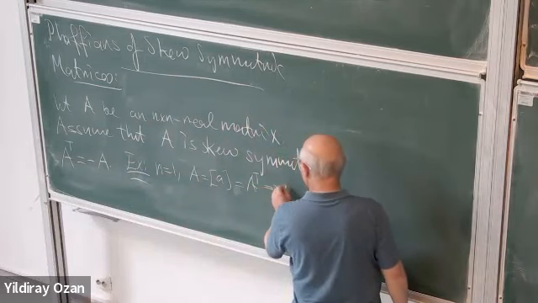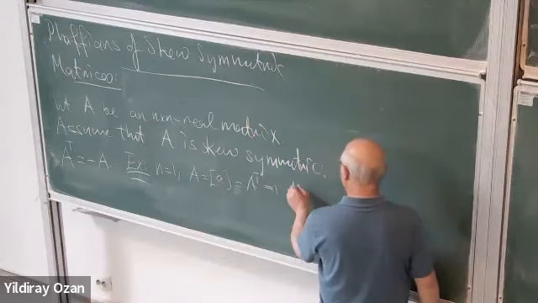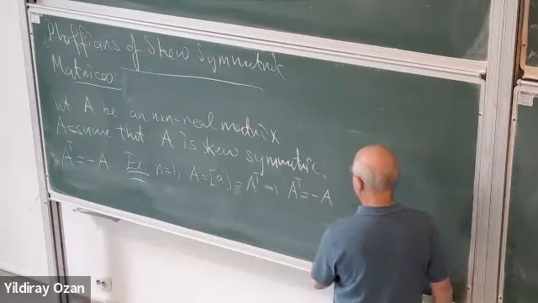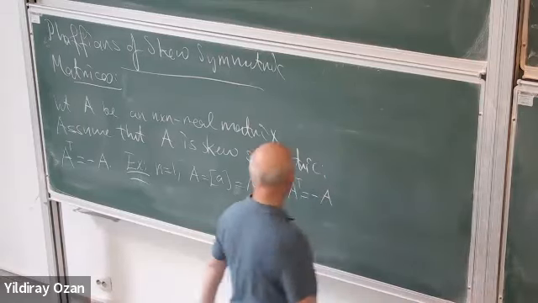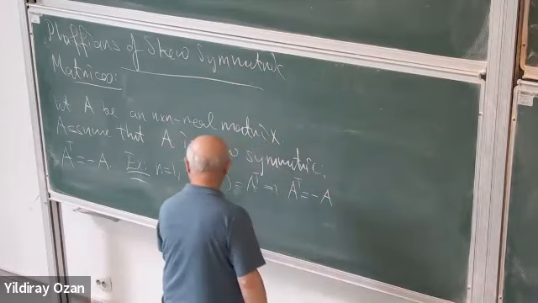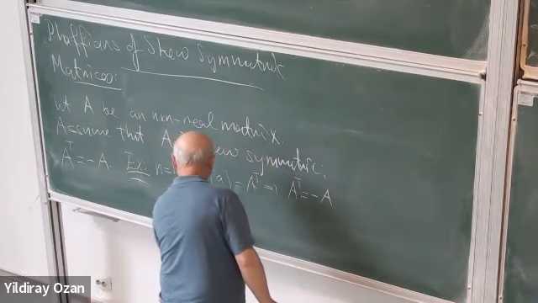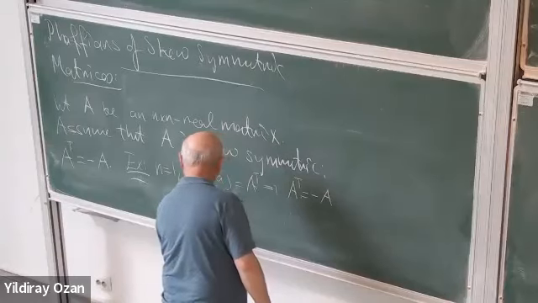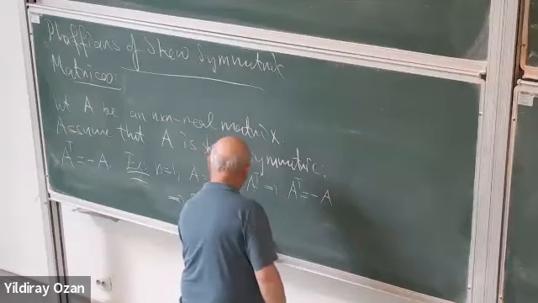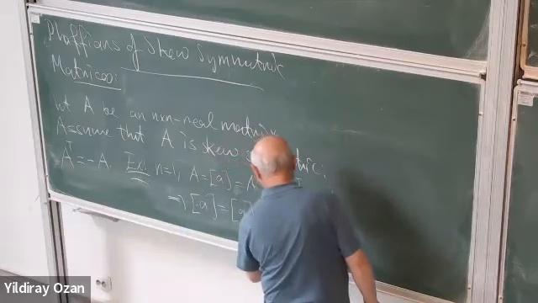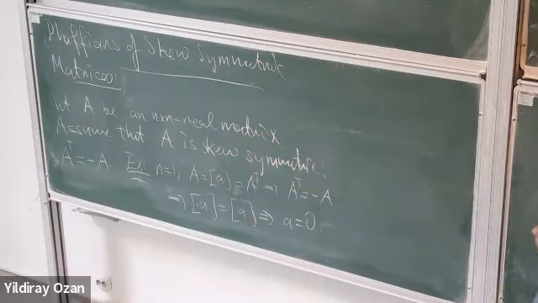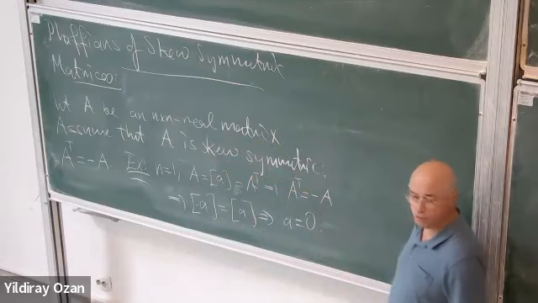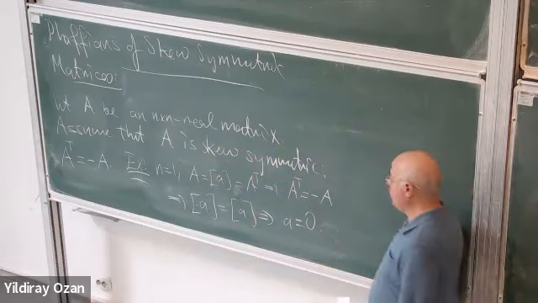Therefore, if A is equal to the negative of its transpose, then this means A is just minus A, and this is possible only if A is 0. So a 1 by 1 skew symmetric matrix is just 0.